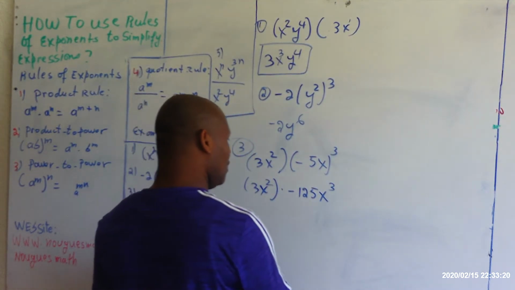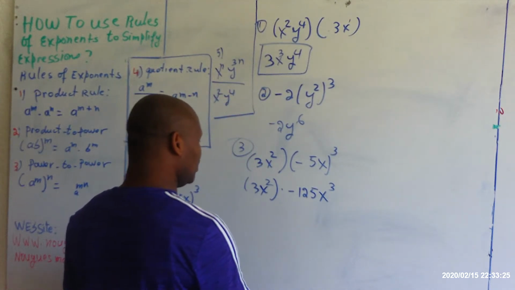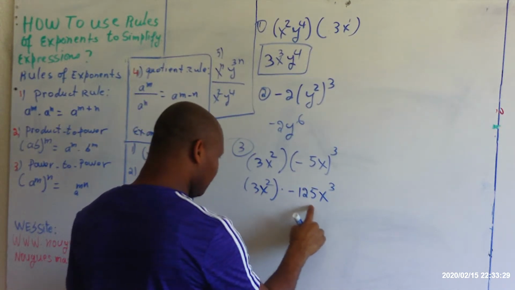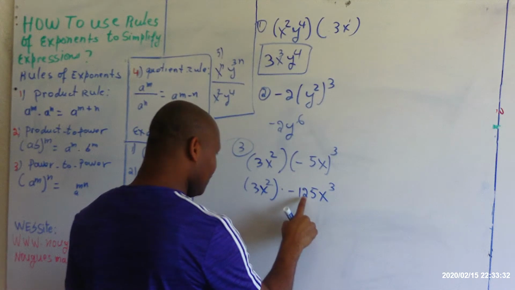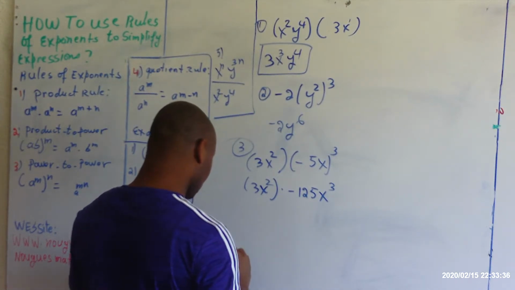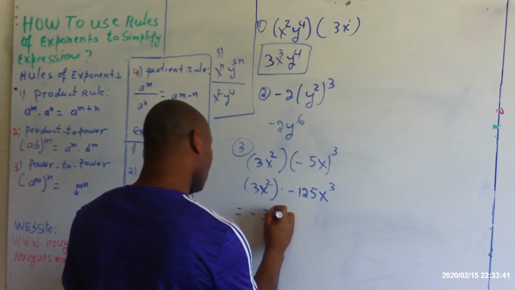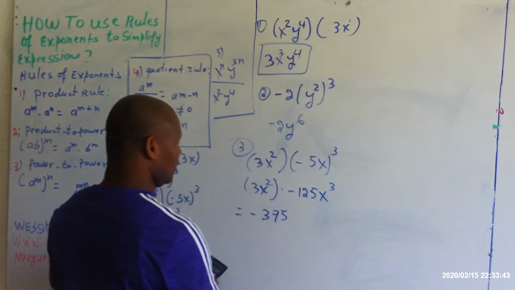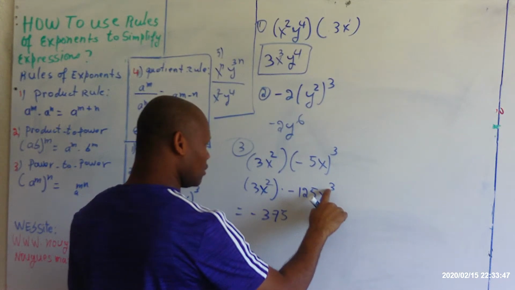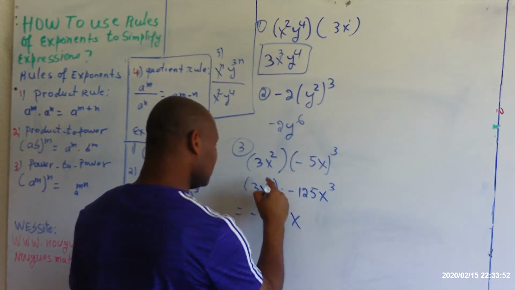Remember, cube. Now we are not finished. We're going to multiply 3 times this. 3 times 125, that's going to be negative 375. Now remember, you have the exponents 3 and 2. That's going to give me x to the 5.